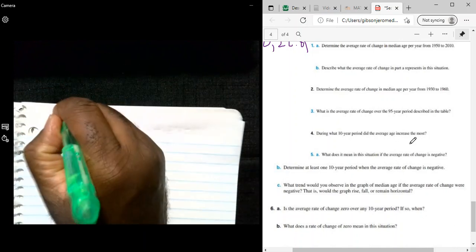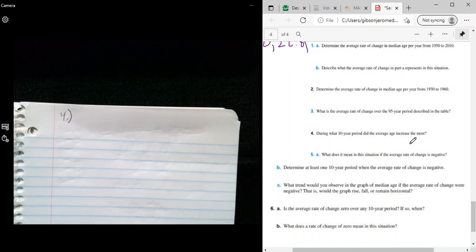Okay, number 4. It says, during what 10-year period did the average age increase the most? Now we can look here. If you look at all of these, 1970 to 1980, it went up like 1.5. All the rest of them was less than a 1.5 increase.